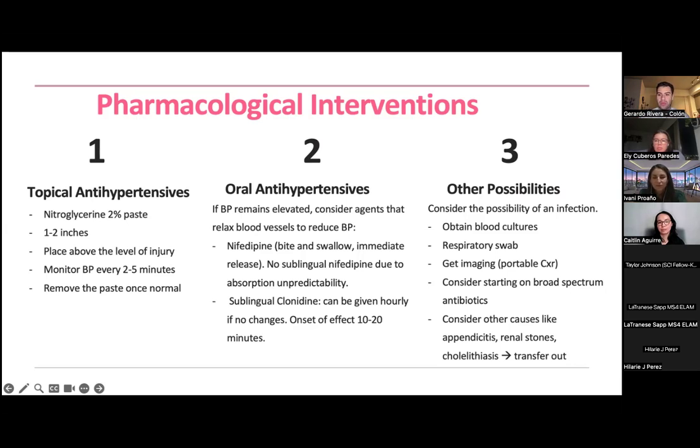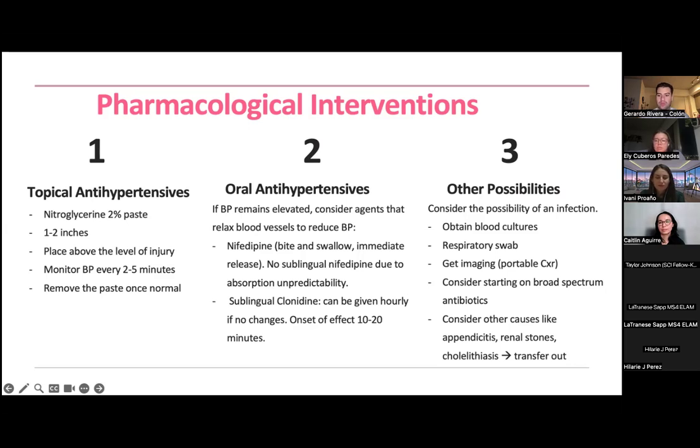And then another thing that they say is that depending on the level of the blood pressure, so if the systolic blood pressure is higher than 150, for example, then some resources will say to give something oral or to give the nitro paste right away before you even investigate further.